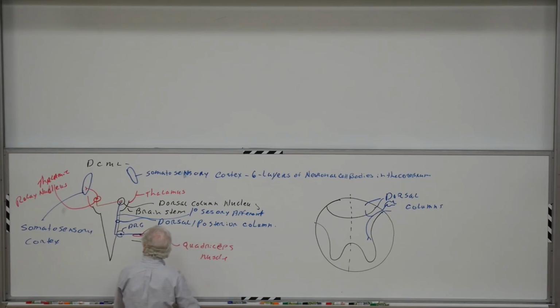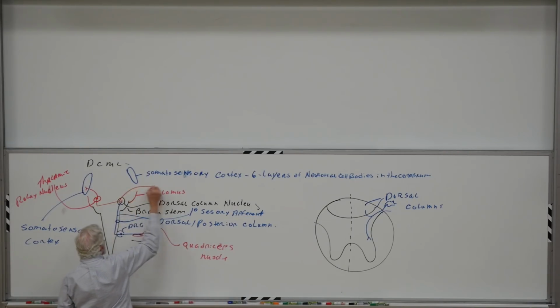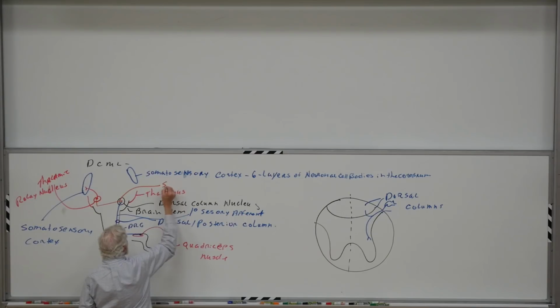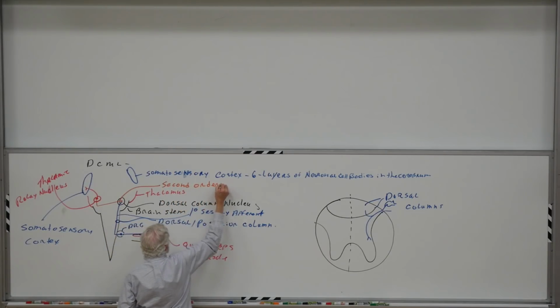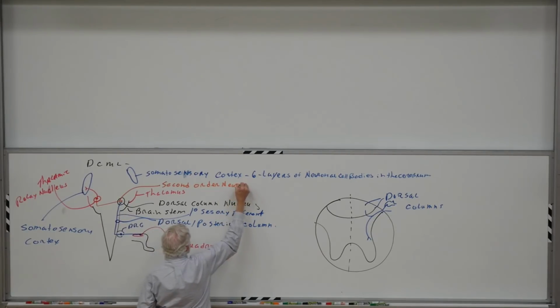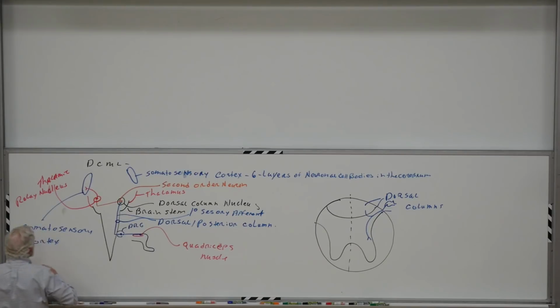In orange, this neuron that crosses over the midline, this is said to be the second order neuron. And finally, this neuron we've shown in red, whose neuronal cell body, whose input region is found in the thalamic relay nucleus, this neuron is said to be the third order neuron.